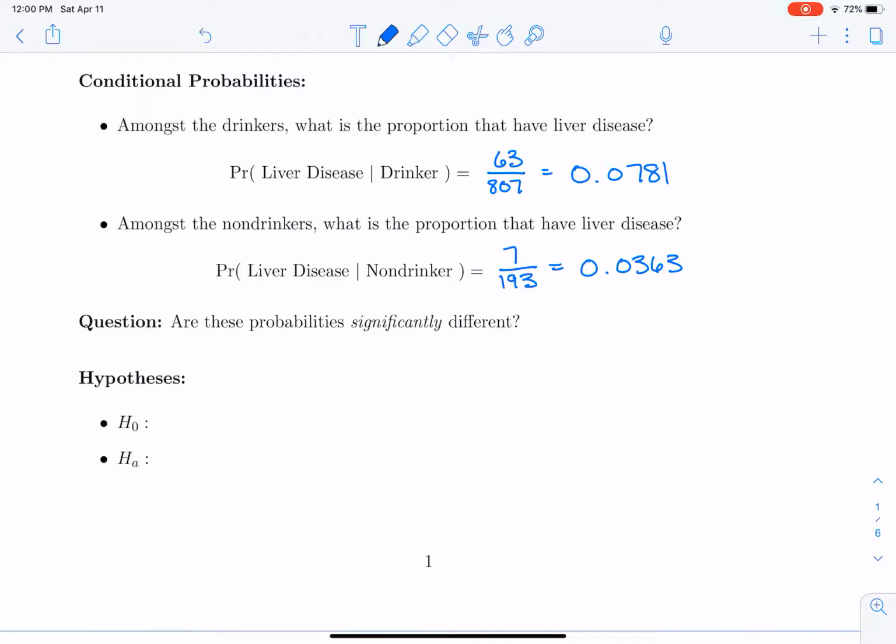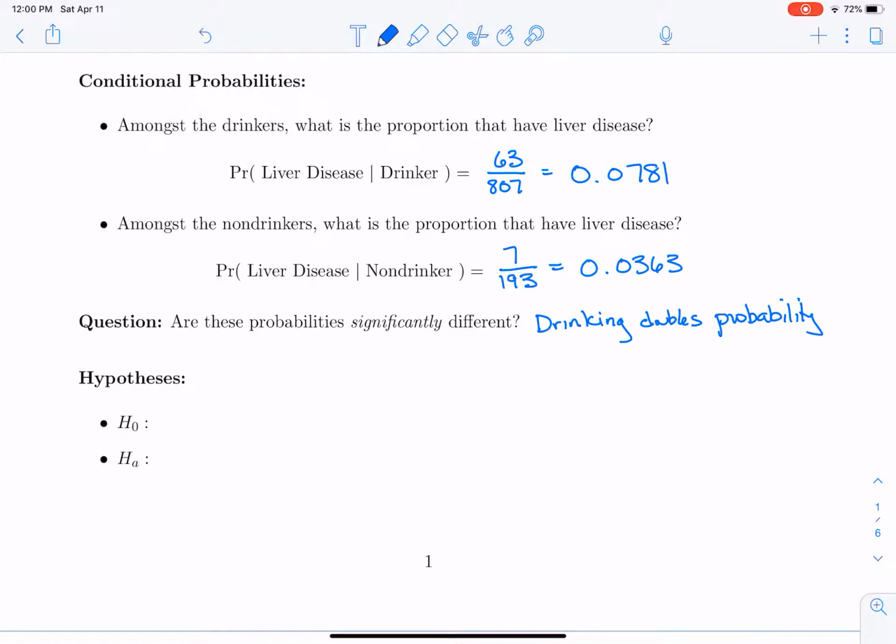You'll notice that the probability of having liver disease doubles if you're a drinker versus if you're a non-drinker. Okay, does that mean it's significant? Well, we're going to have to conduct a test. Something to note is that drinking does double the probability.